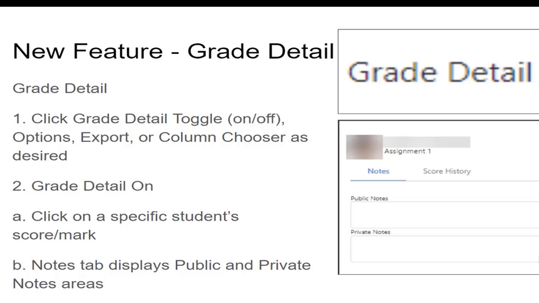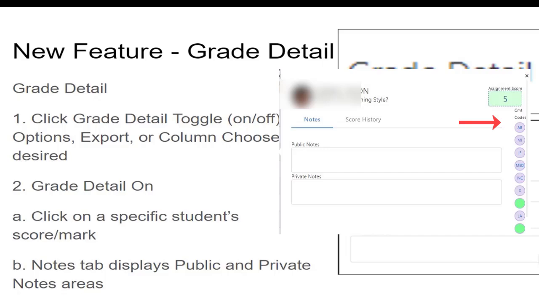And when turned on, you'll be able to see public and private notes. You'll be able to see the assignment score for each assignment. And then you'll also have the grading columns all the way over on that right-hand side. And the district codes that you have selected in your gradebook setup are available over there. So you can quickly add those to assignments.